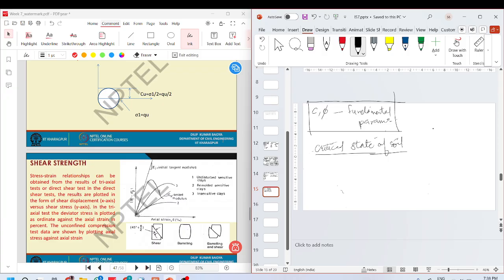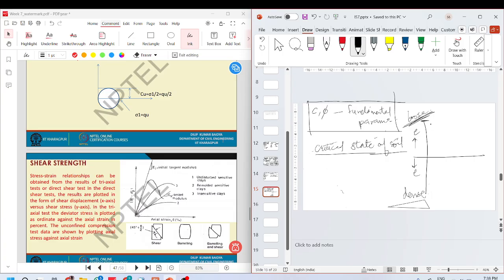Critical state of soil means basically, the same sand I will have in a loose form and a dense form. Okay, when I load this dense form in shear force, and when I load this loose form, this is void ratio.